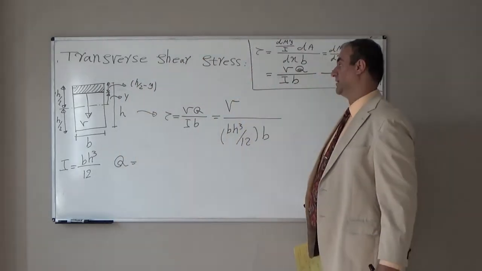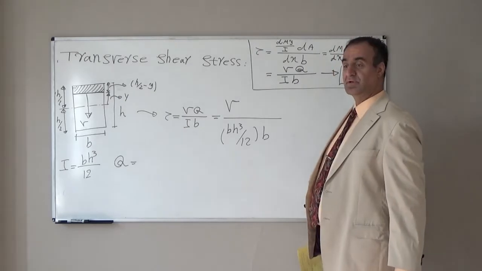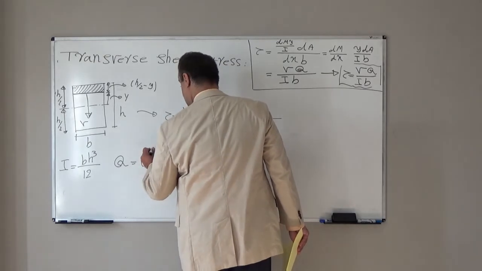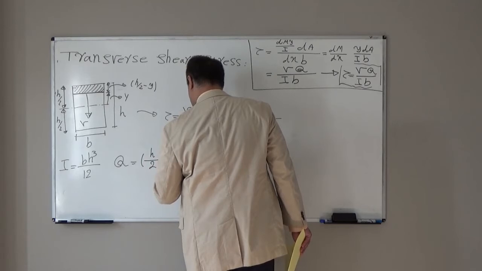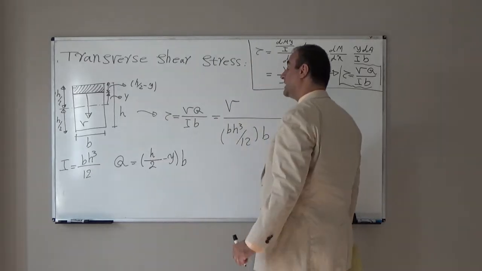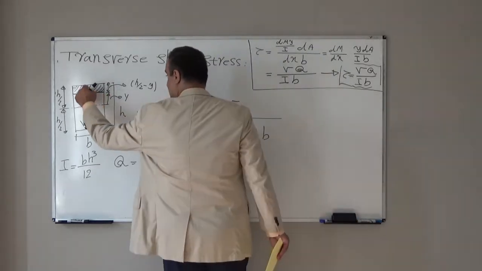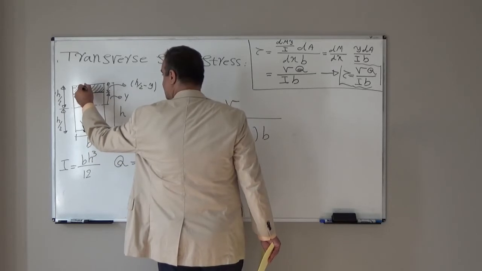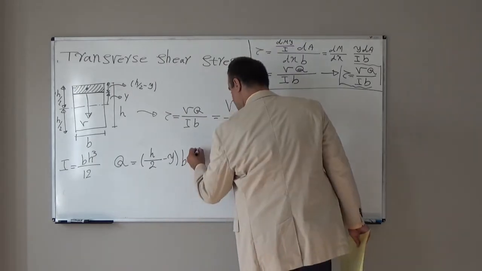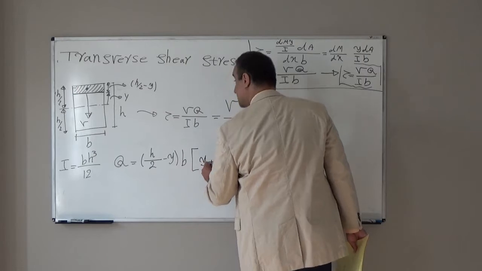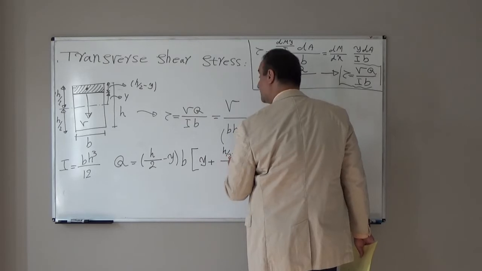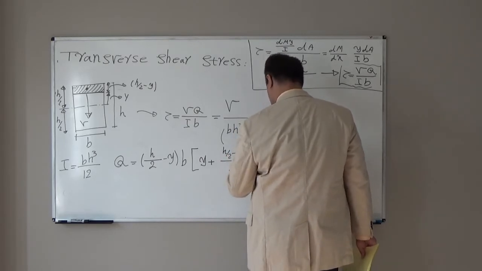Now, the moment of area for that shaded part with respect to the neutral axis will be the area, H over 2 minus y times B, the area of this strip, times the distance to its centroid, which will be y plus H over 2 minus y divided by 2.